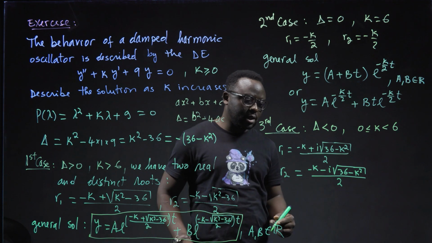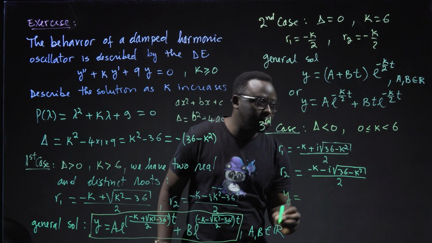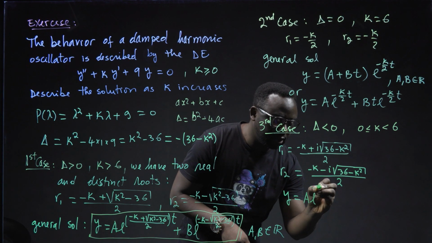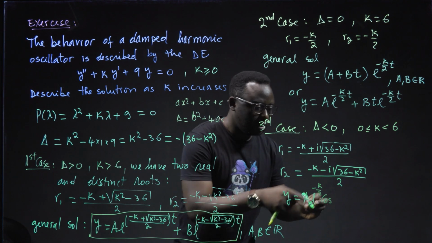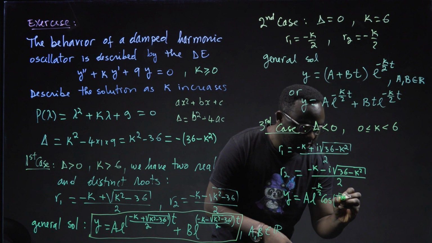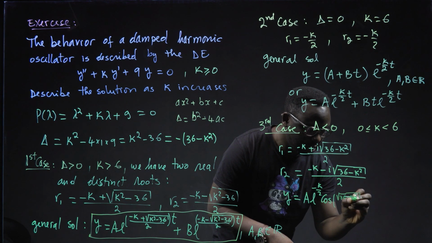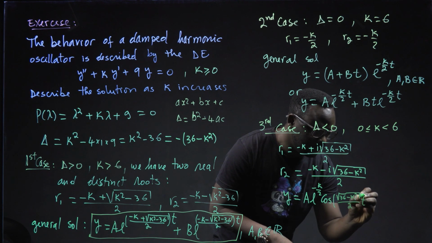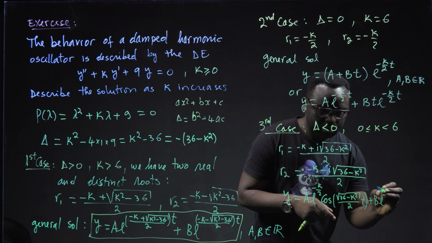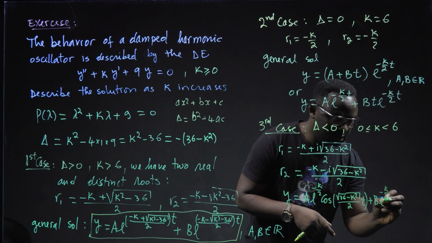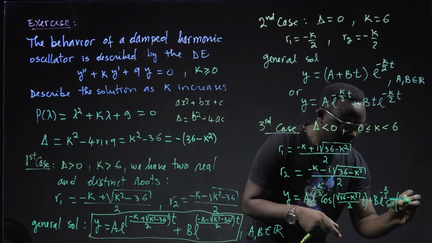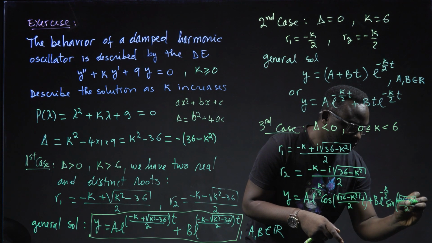So the general solution in this case is y is equal to a times e to the power of minus k over 2 t, which is the real part, times cos of square root of 36 minus k squared over 2 times t, plus b times e to the power of minus k over 2 t times sine of square root of 36 minus k squared over 2 t.